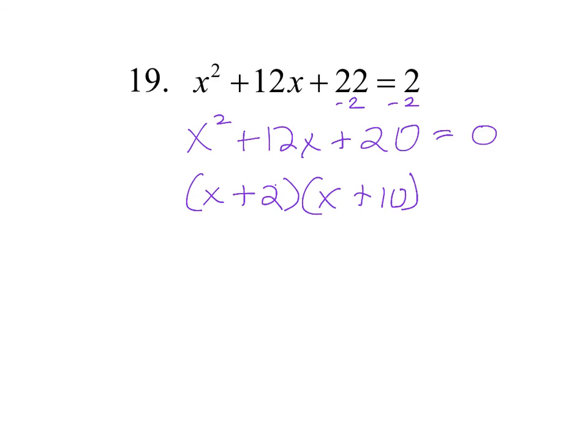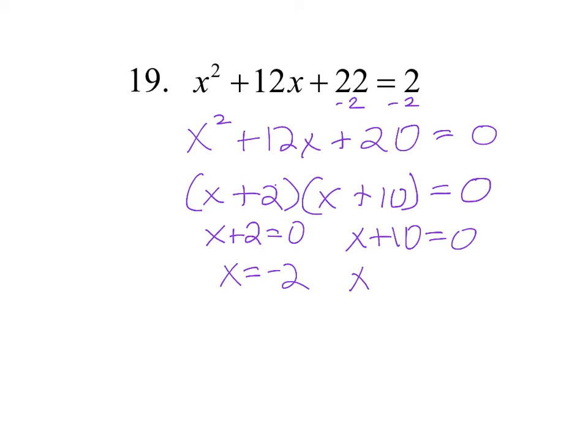They're both pluses. So x plus 2 equals 0, if I subtract 2 from both sides, x plus 10 equals 0. I subtract 10 from both sides. So my final answer is -2, -10.